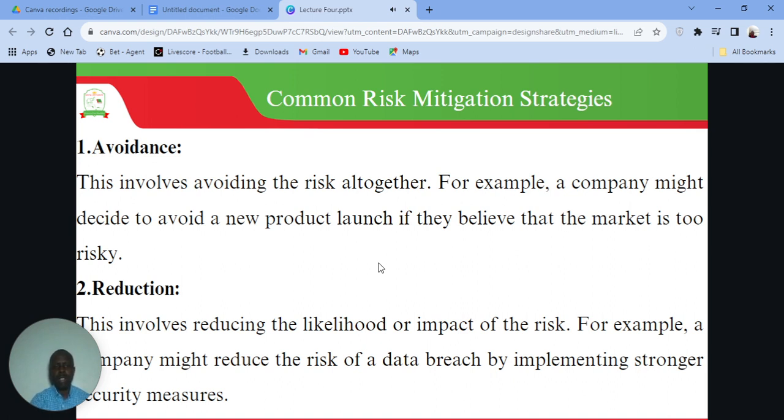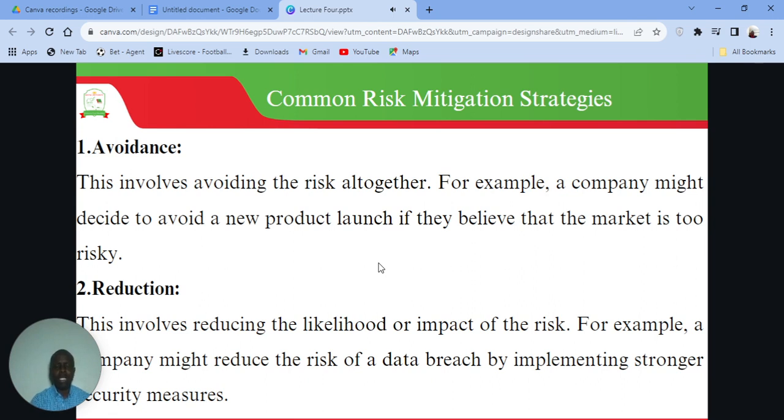And then we also have reduction. In reduction, we try to reduce the likelihood or the impact of the risk. For example, a company might reduce the risk of data breach by implementing stronger security measures. We did mention the risk posed by cybersecurity issues.